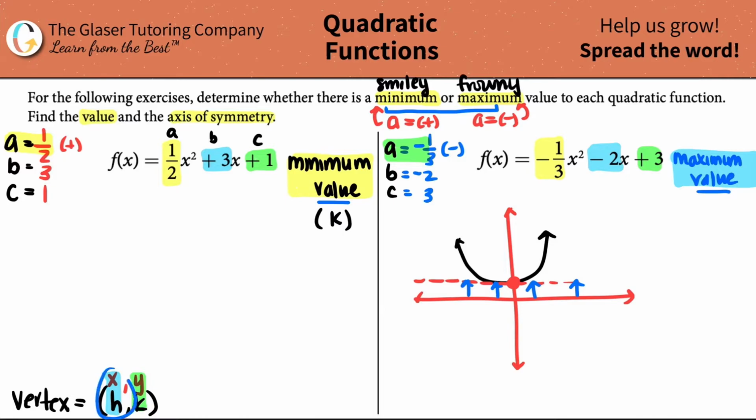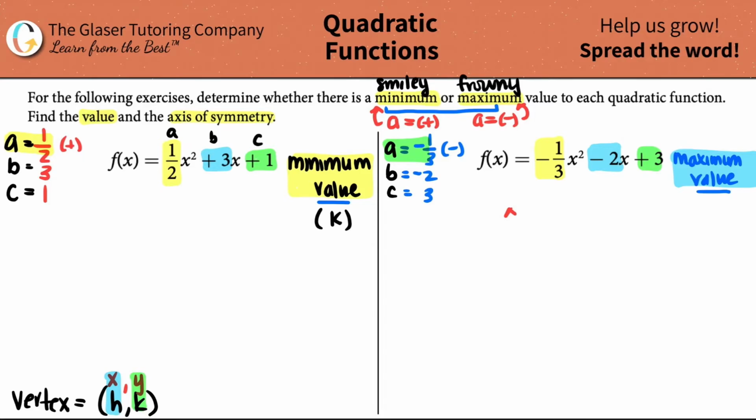The vertex, on the other hand, the x value, the h, is the one that is talking about when the graph shifts from left to right, meaning when the graph turns from going down to turning back up. So the value for the minimum or the maximum value is the y value on your vertex.